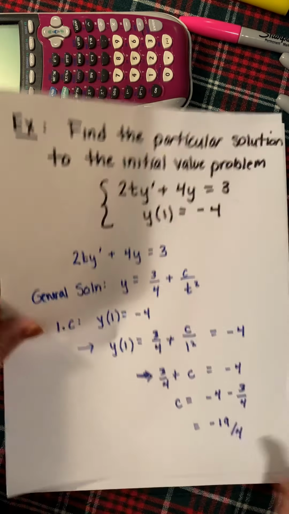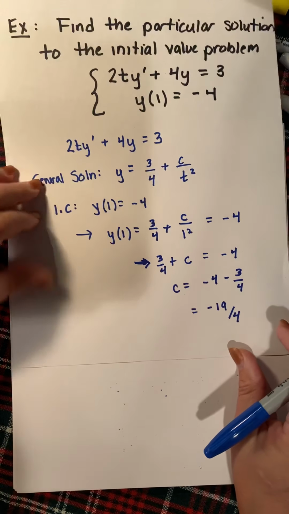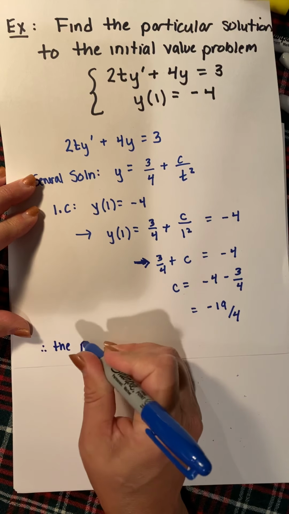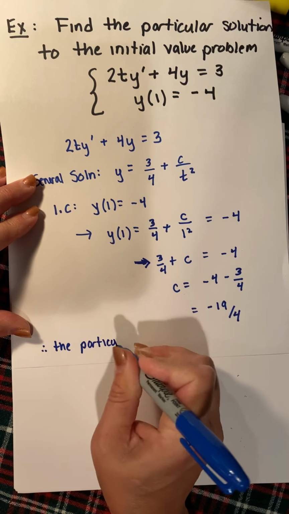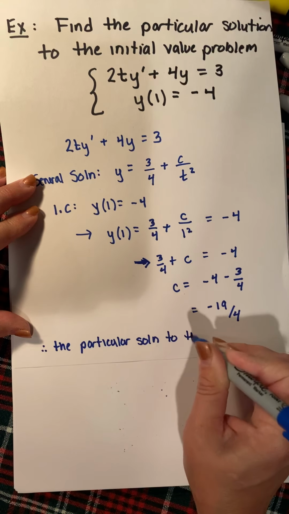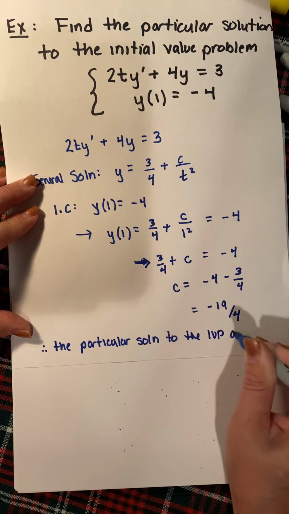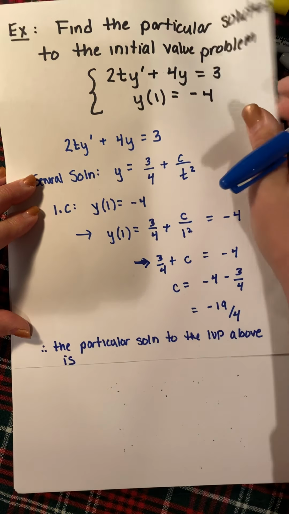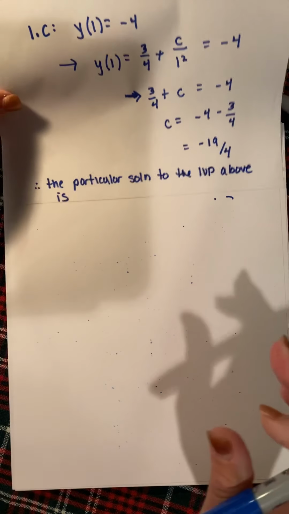So therefore, the particular solution to the initial value problem above is, I'm going to get it onto the next page because I'm running out of room here.